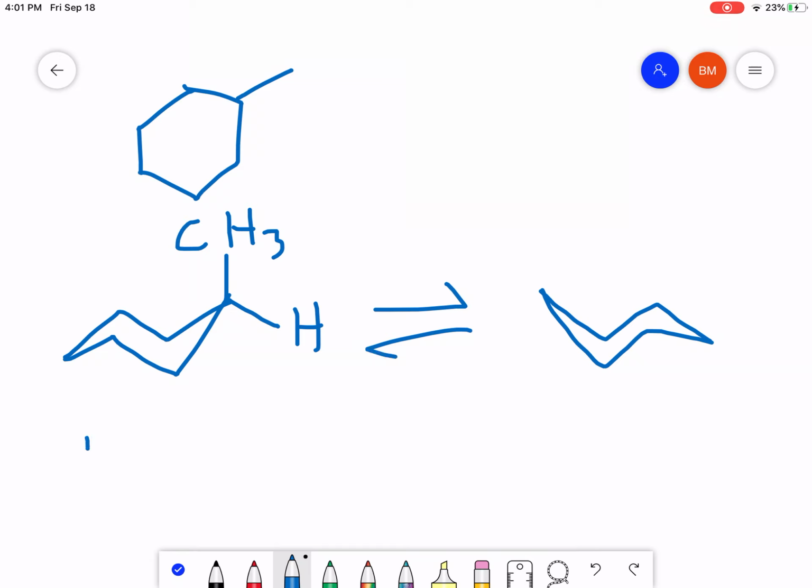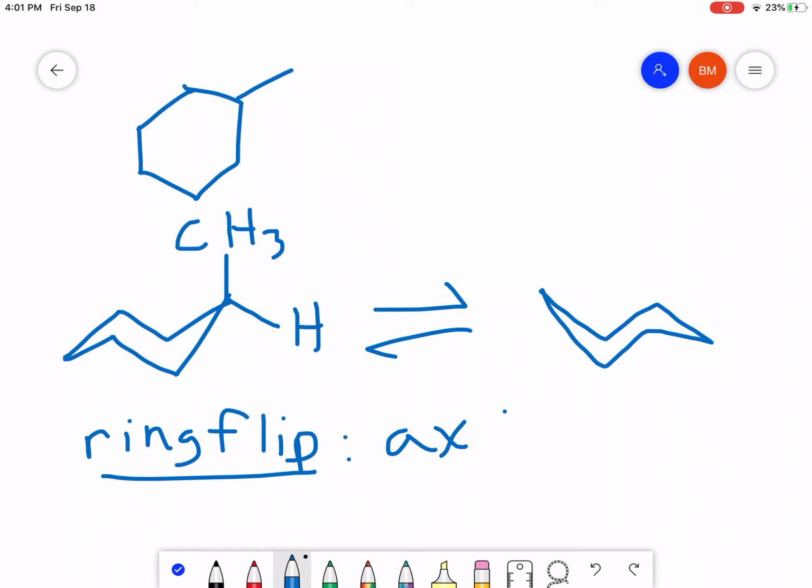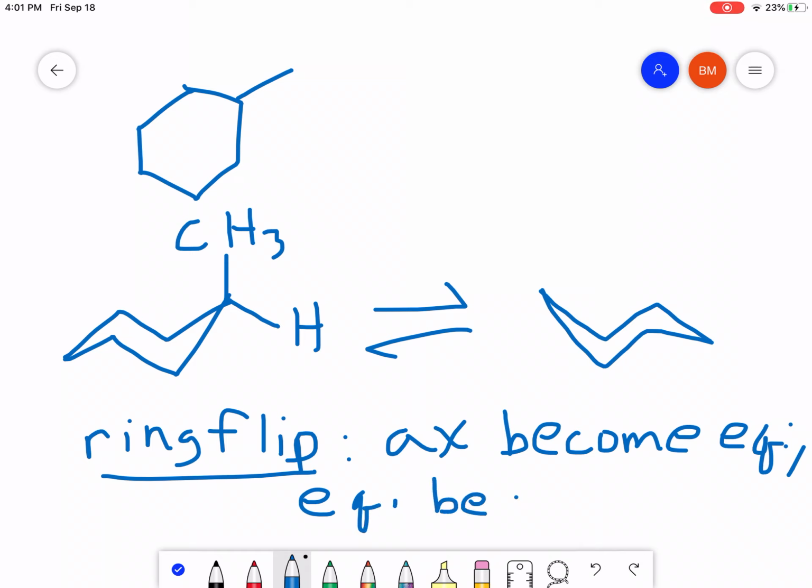Whenever you do a ring flip, axial groups and axial bonds become equatorial, and previously equatorial groups and bonds become axial.